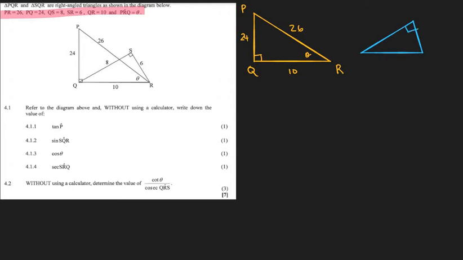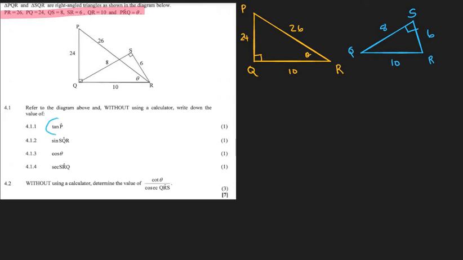There's my right angle there. This is S, R, Q, and QS is 8, that is 6, and that is 10. That will make it much easier for us to do the sums now.